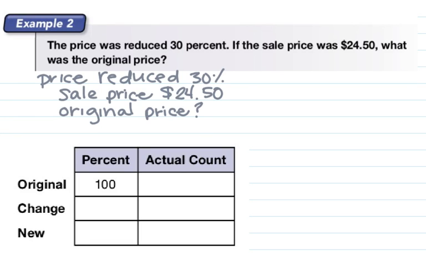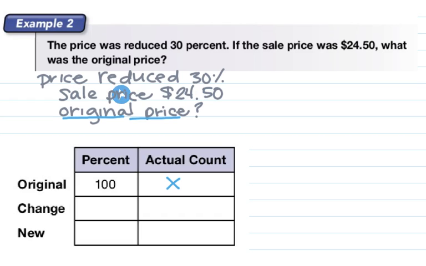Okay, so it looks like original price is what we are being asked to find. Our 100%, again, doesn't change. Our actual original price is what we are needing to find this time. Now look at this.